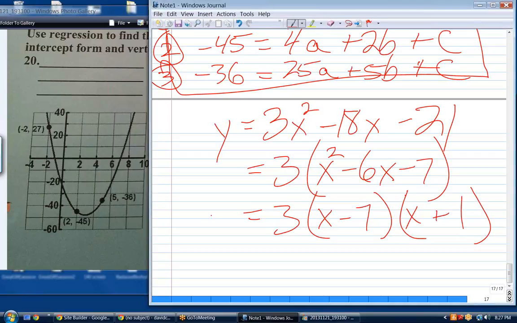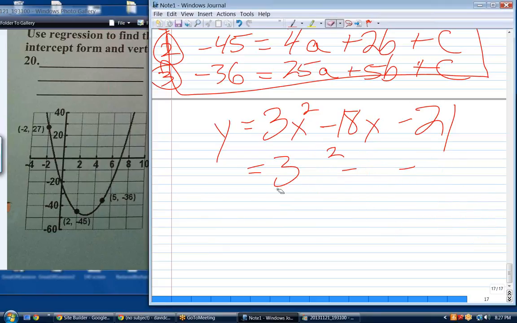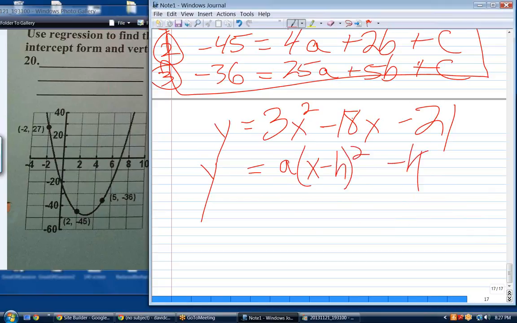Okay? So there's intercept format. Getting it into vertex format requires that we complete the square, because vertex format is this. Yeah. Okay, so we have to complete the square using this part of it.